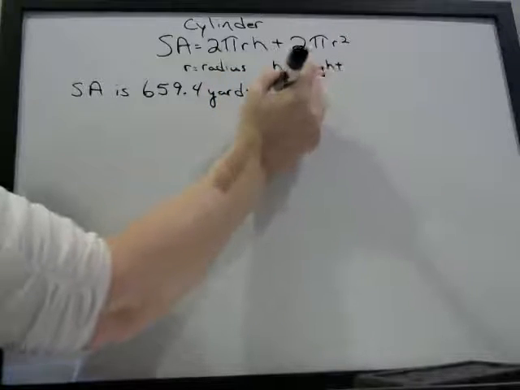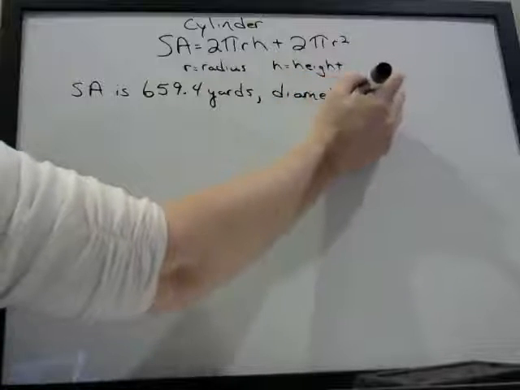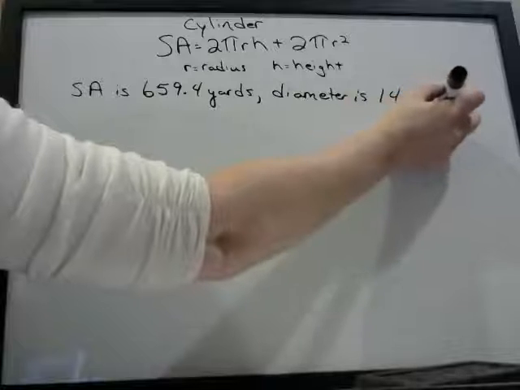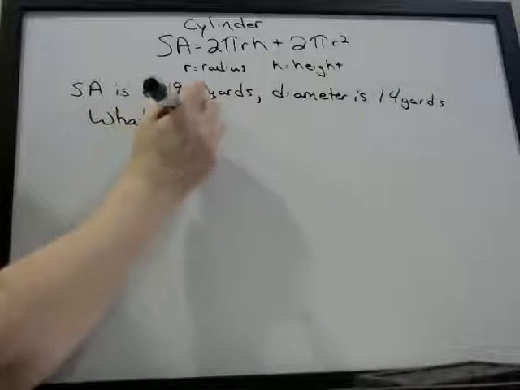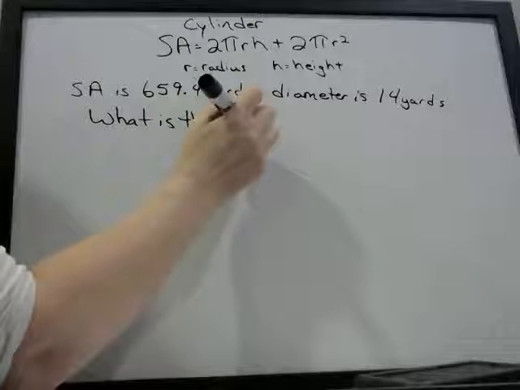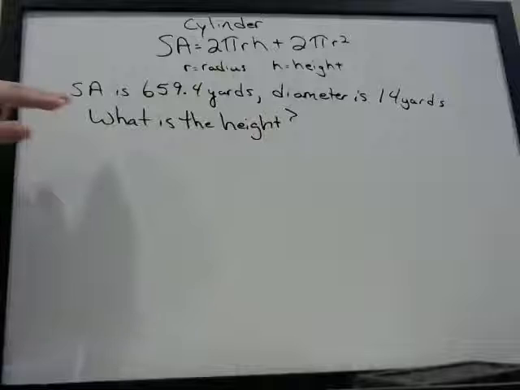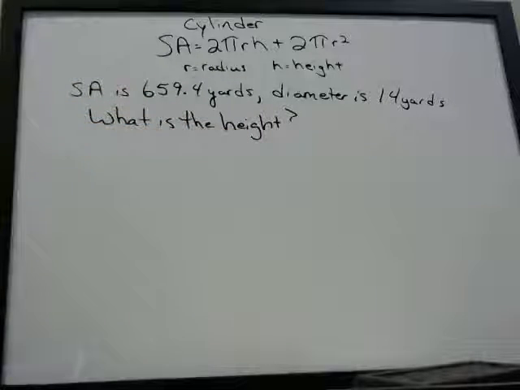The diameter is 14 yards. They want to know what is the height. So we're not trying to figure out the surface area. They've given us a surface area. We need to figure out what the height is. So this is an algebra problem. If you don't know how to do algebra problems, you need to watch the algebra videos.